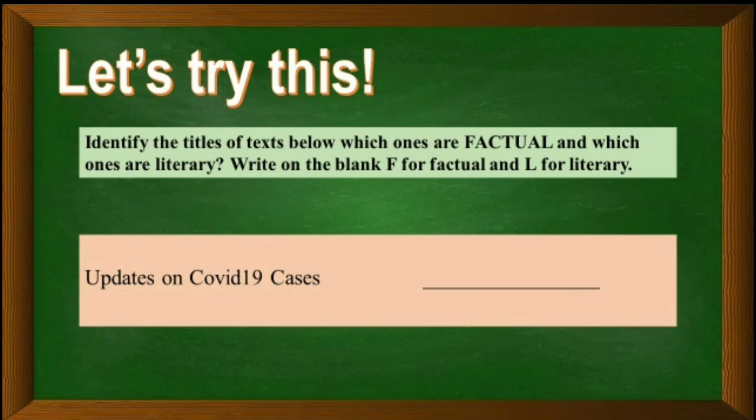The title of the text is Updates on COVID-19 Cases. What do you think is this? Is this factual or literary? F or L? Good job. It's letter F, because everything that will be here in this text, updates on COVID-19 cases, is factual, so therefore it's factual classification of text type.